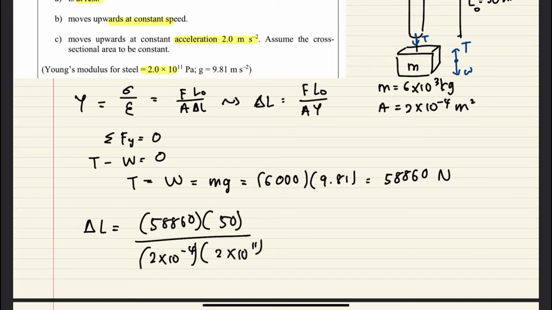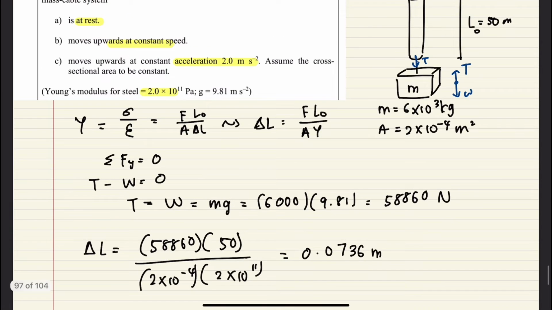What I got here is 0.0736 meter, or 7.4 centimeter is okay.